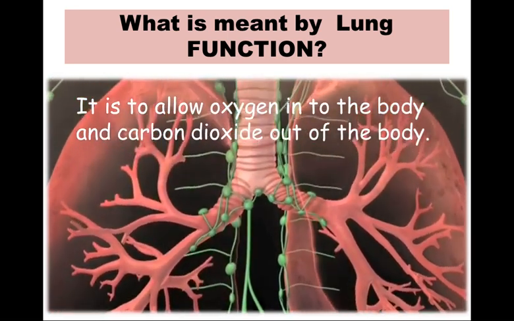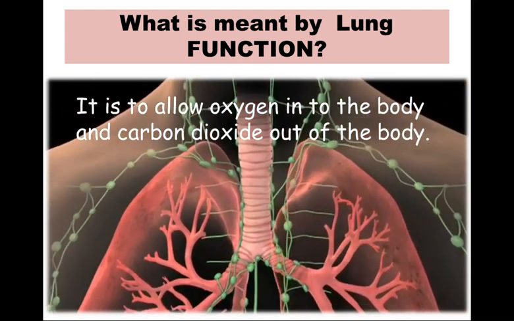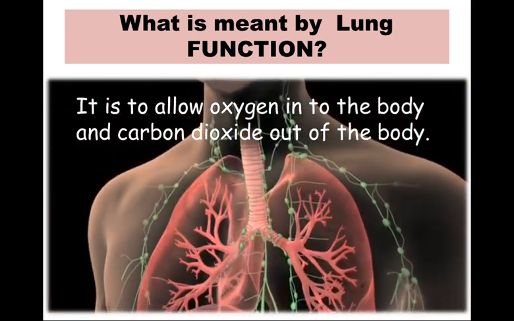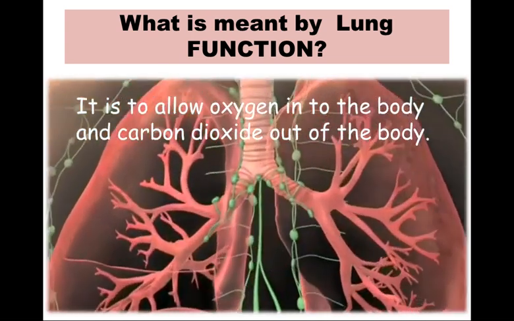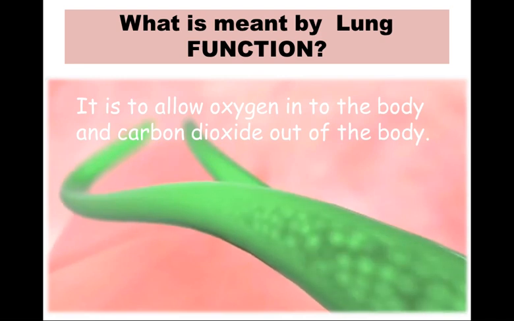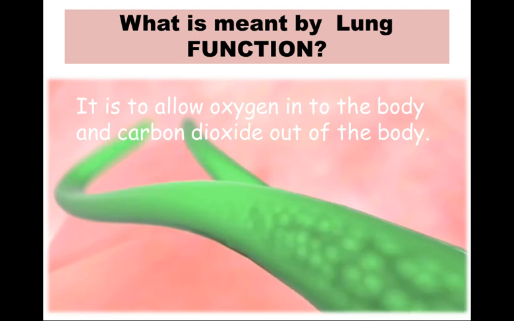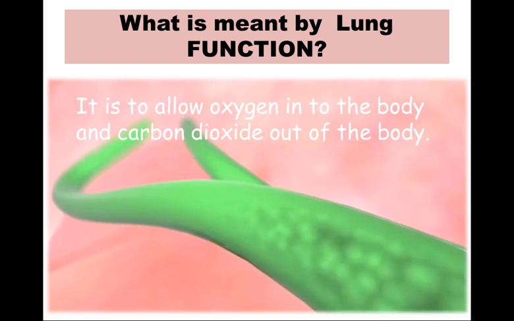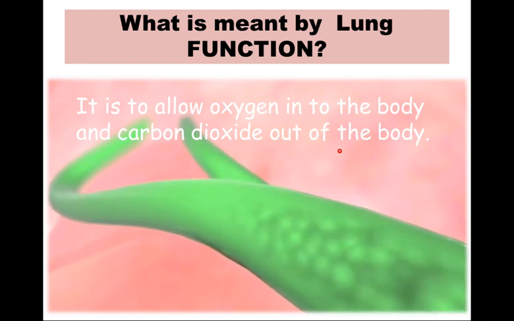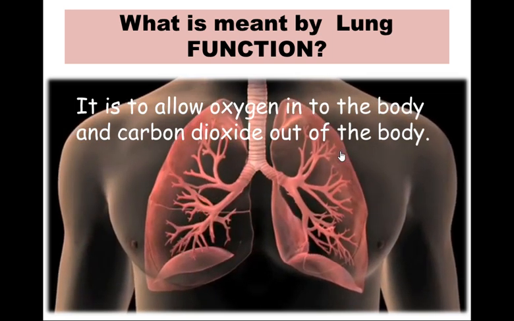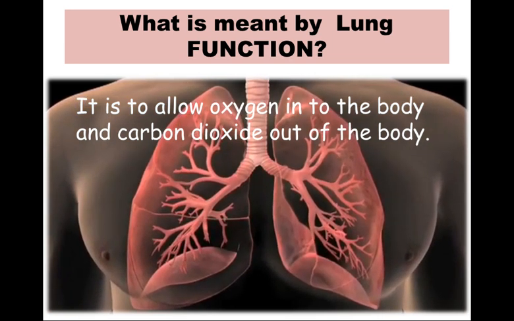Here we see the different lymph nodes and lymphatic ducts that play a very important role in the immune function of the lung. So these are the lung structures, and what I have shown is the basic function of the lung. Again, I repeat, it is to allow oxygen into the body and carbon dioxide out of the body. We have seen how this takes place.